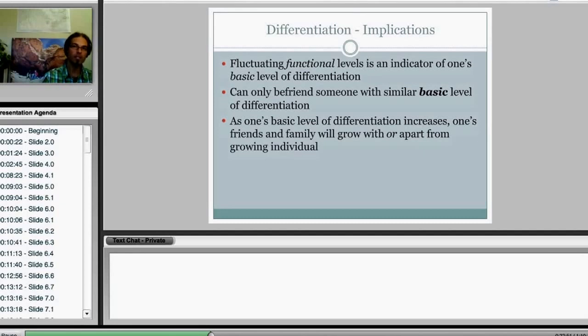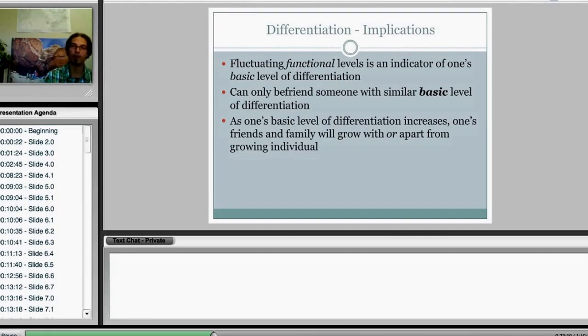But as one person begins to grow, they have new needs. And if everybody doesn't grow along with that person, then there will be a separation that occurs that may be more comfortable, but it may not be actually what the family wants or intends. And so be intentional about just highlighting that.